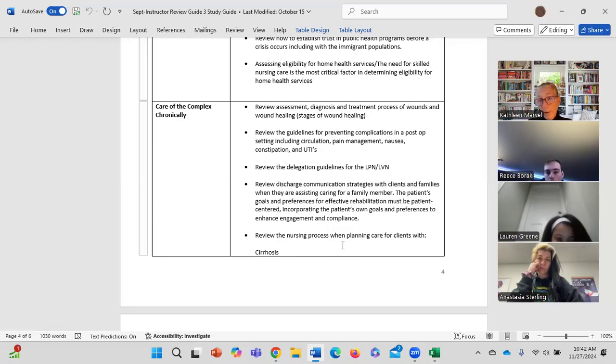Because ultimately, you are responsible for whomever you're delegating to, and you need to ensure their competence. So you have to be very specific. What's to be done? How is it to be done? How is it to be documented? And what do they need to let you know about if they have concerns? And of course, not delegating to an unstable patient.